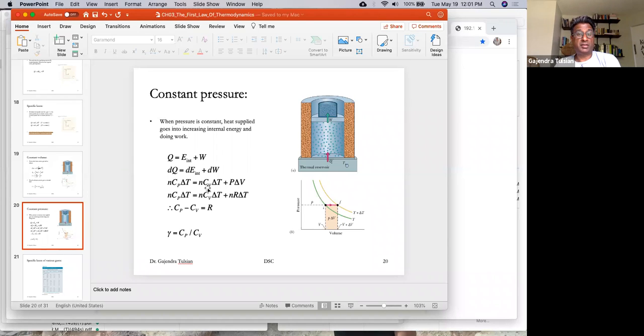The change in internal energy when the temperature rises is the same as in the constant volume process. So if you go through this, you can see that Cp minus Cv is R. Now, this quantity, the ratio of specific heats, is useful to define because it shows up in various places. So we define this ratio and call it gamma. Gamma is the ratio of specific heats. We'll have something to say about that in a little bit.